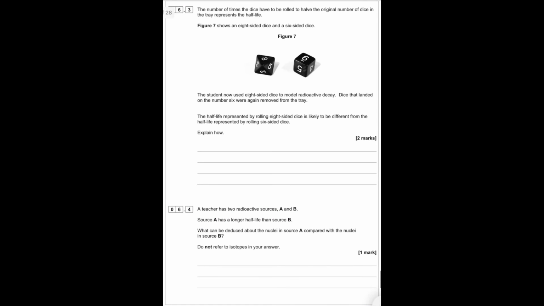So in this question, we are comparing 2 dice. The first one has 8 sides and the second one has 6 sides, as in the previous question. So the half-life represented by rolling 8-sided dice is likely to be different from the half-life represented by rolling a 6-sided dice. Explain how.